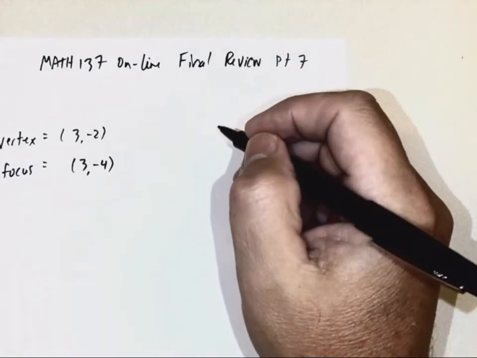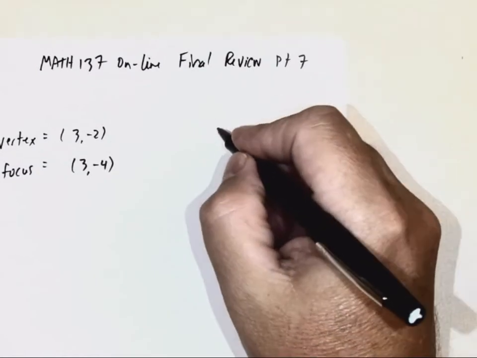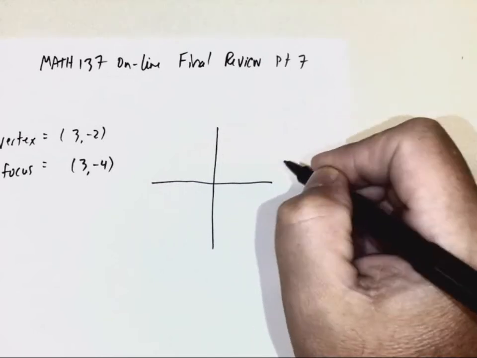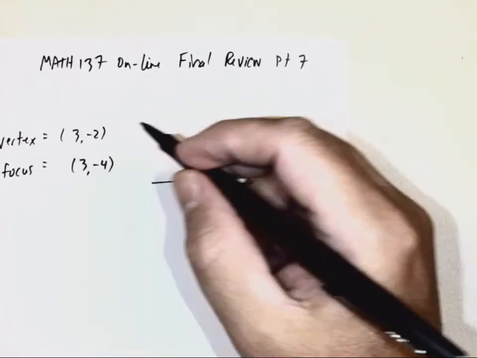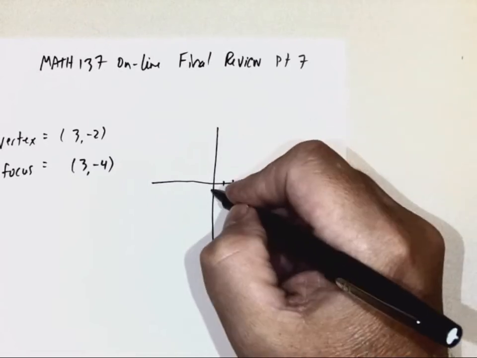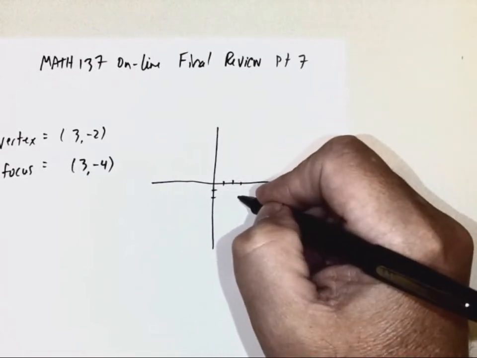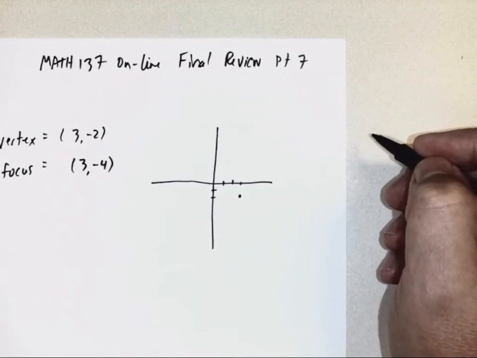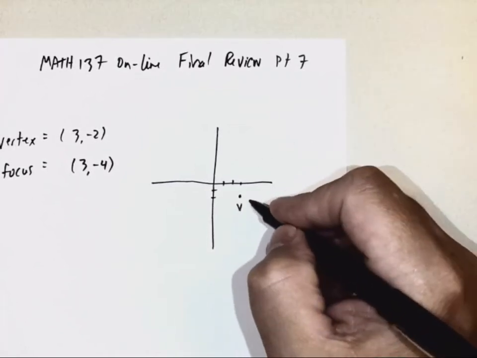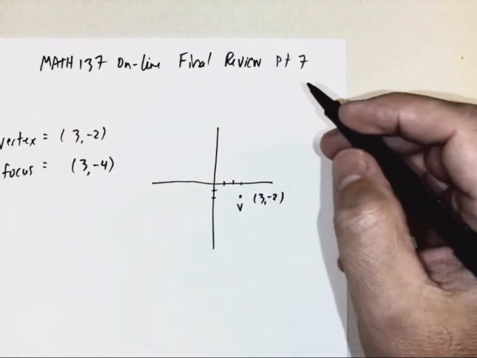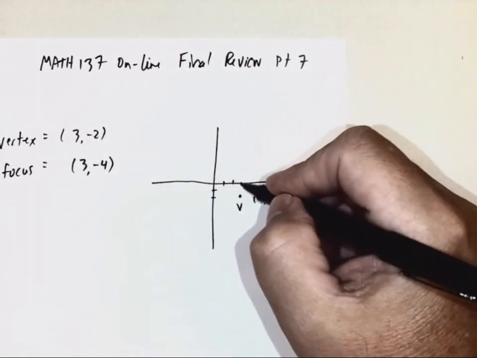So let's go and graph this. You have to graph it, because that's going to help you figure things out. So vertex, (3, -2). So that's my vertex. Focus, (3, -4).